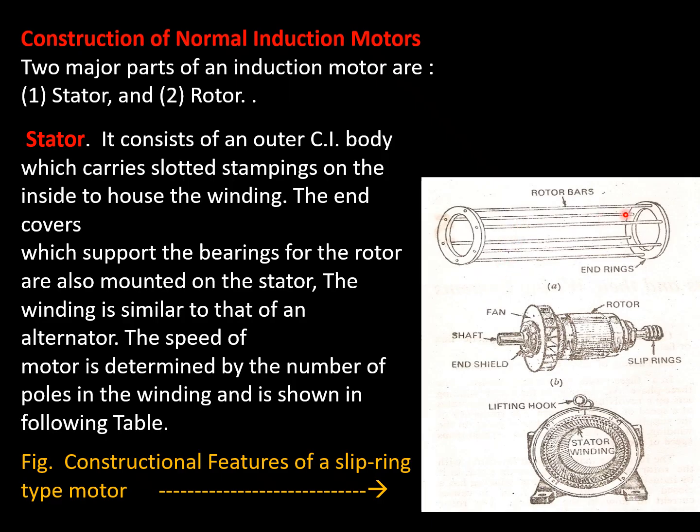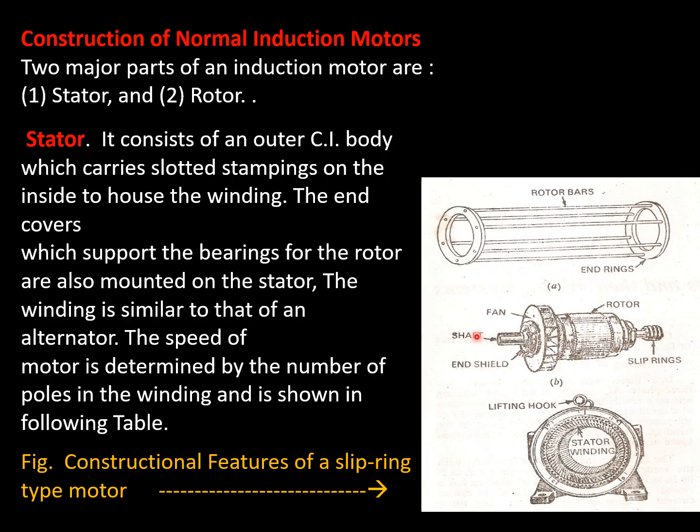You can see the rotor has a number of conductors enclosed, forming a ring type of system. The rotor has slip rings, through which electric current is given to the induction motor.